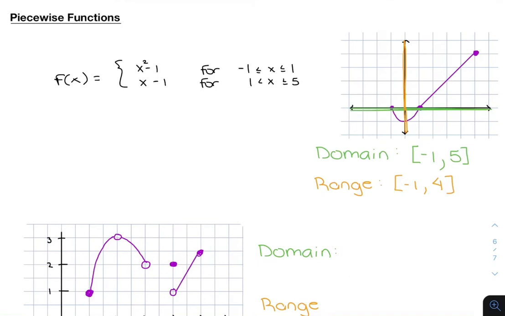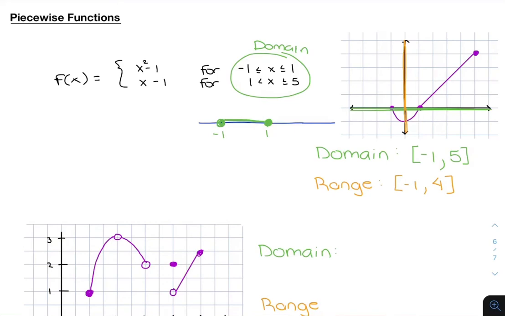If we aren't given a graph, however, we can identify the domain just by looking at the function. The portion that tells us what our domain is from the function is this part right here. The combination of these two tells us exactly what the domain is. So let's graph them out on one axis. This is going from -1 to 1, and these points are included because of the less than or equal to sign.